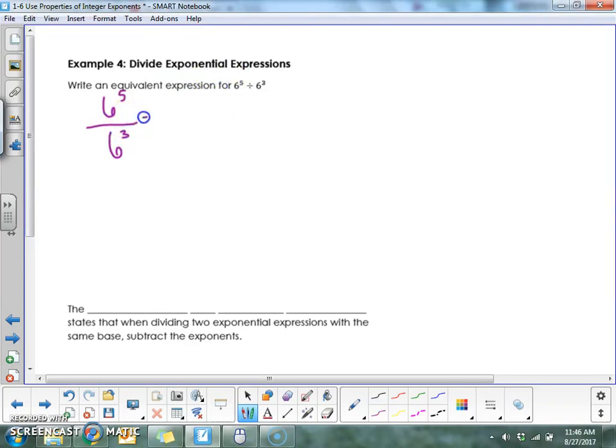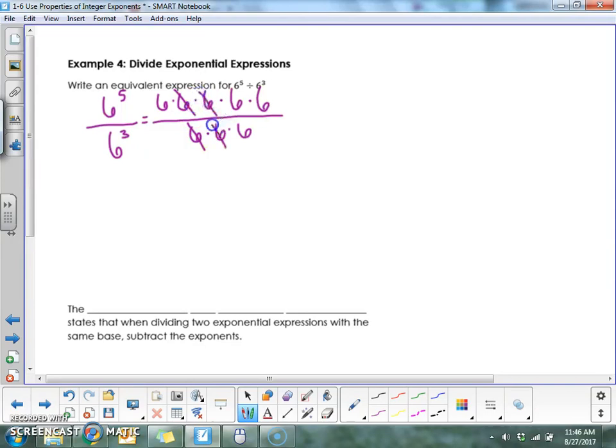I'm going to start by expanding this out. So 6 to the 5th power would be 6 times 6 times 6 times 6 times 6, all over 6 to the 3rd power, which is 6 times 6 times 6. And then we can do some simplifying here. These are going to cancel each other out because 6 divided by 6 is 1.